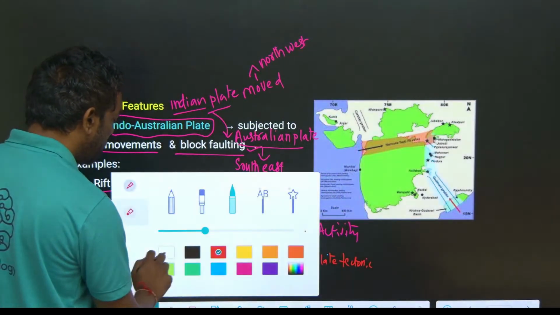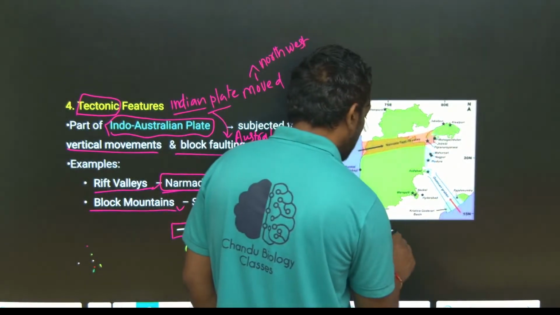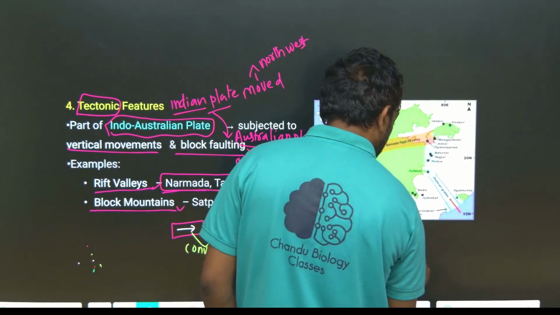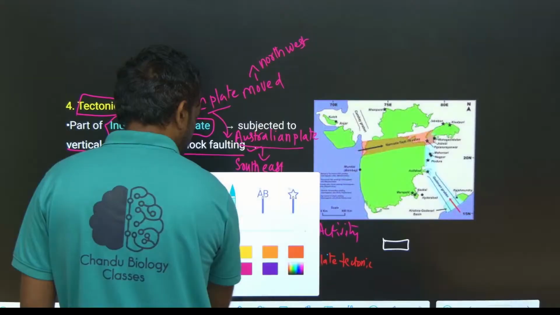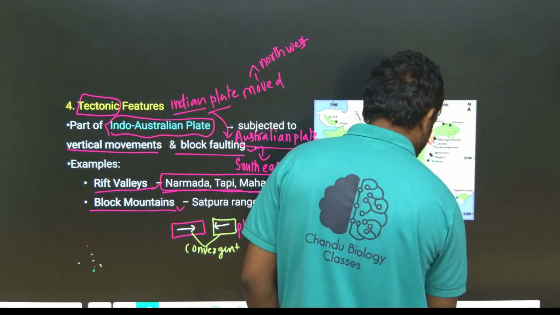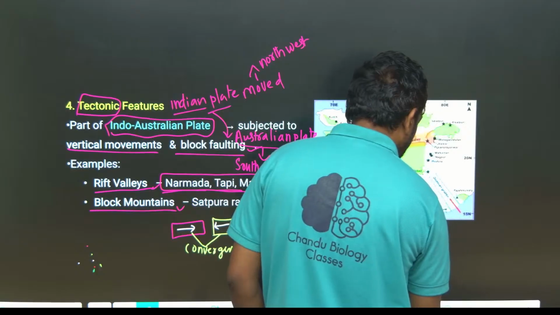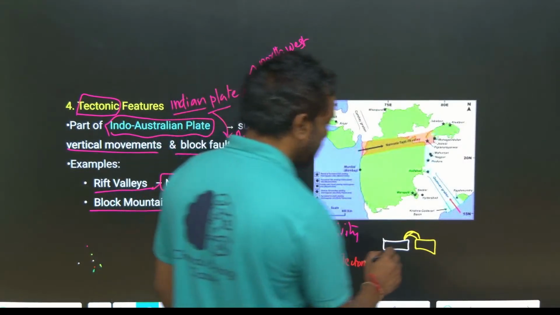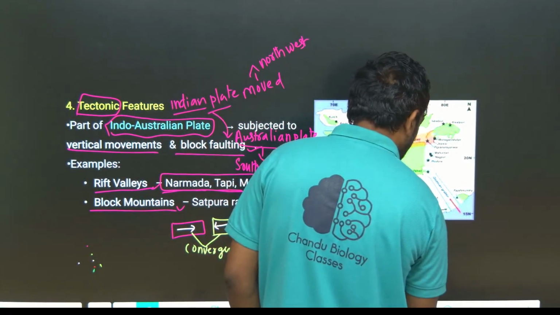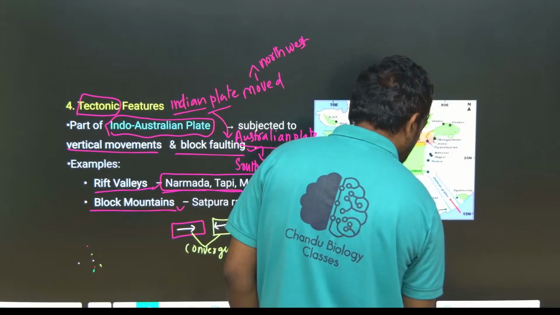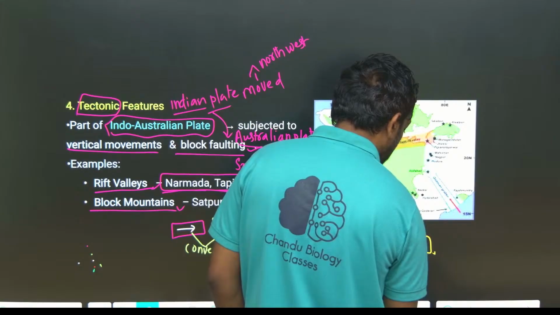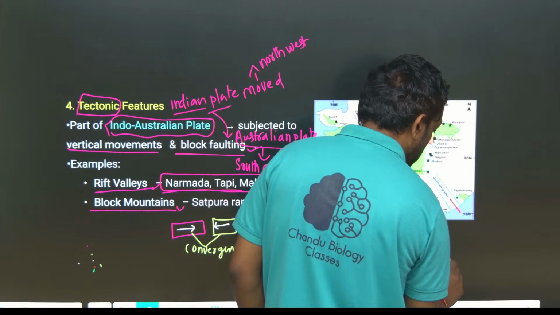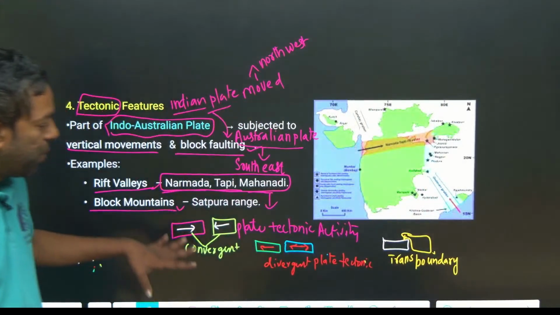Transboundary plate tectonic means one plate and another plate create a boundary, one moving along the other.